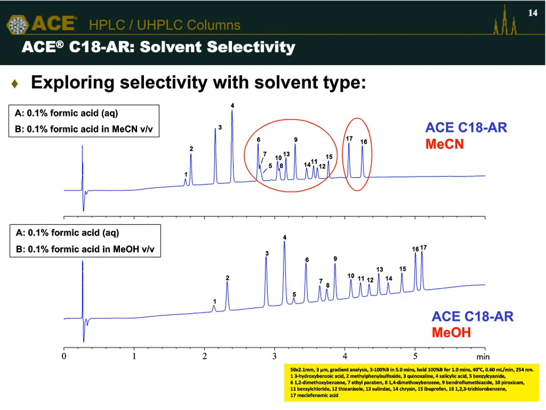And actually, if we calculate the selectivity value, it's a value of around about 15 if we were to do this in a graphical format. So again, what we're seeing is a change in the elution order, a change in the selectivity between the same bonded phase but two different solvents, between acetonitrile and methanol. It's always worth considering the solvent type in your method development activities. It helps you explore the selectivity space.